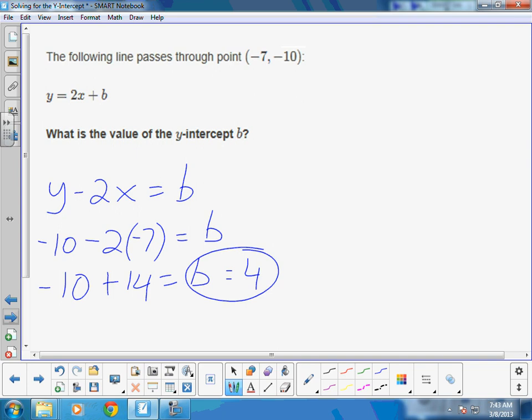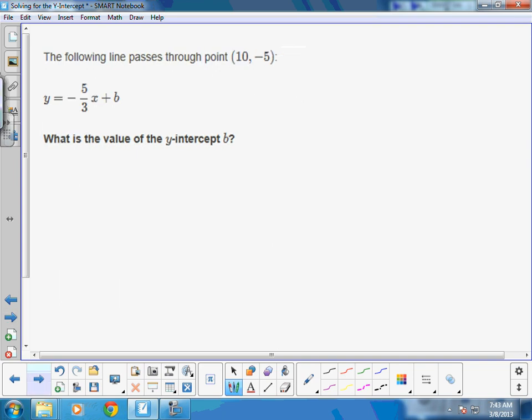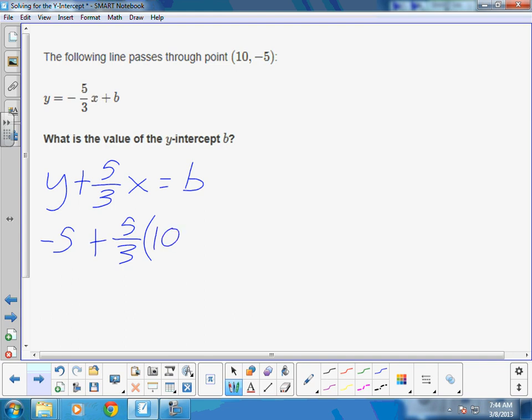All right, we got one more. And, oh, they all look alike. Isn't that so nice? So, in this problem, it's going to be y. I'm subtracting the 5/3 x, so I'm going to add the 5/3 x. That will equal b. I'm going to substitute those values in. Negative 5 is y, plus 5/3 times x, which is 10.